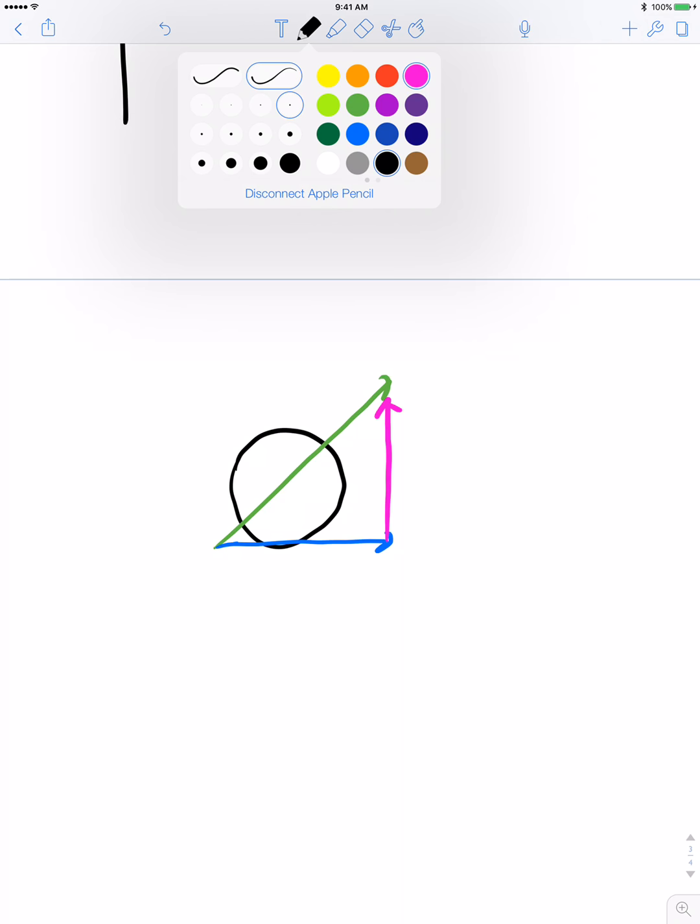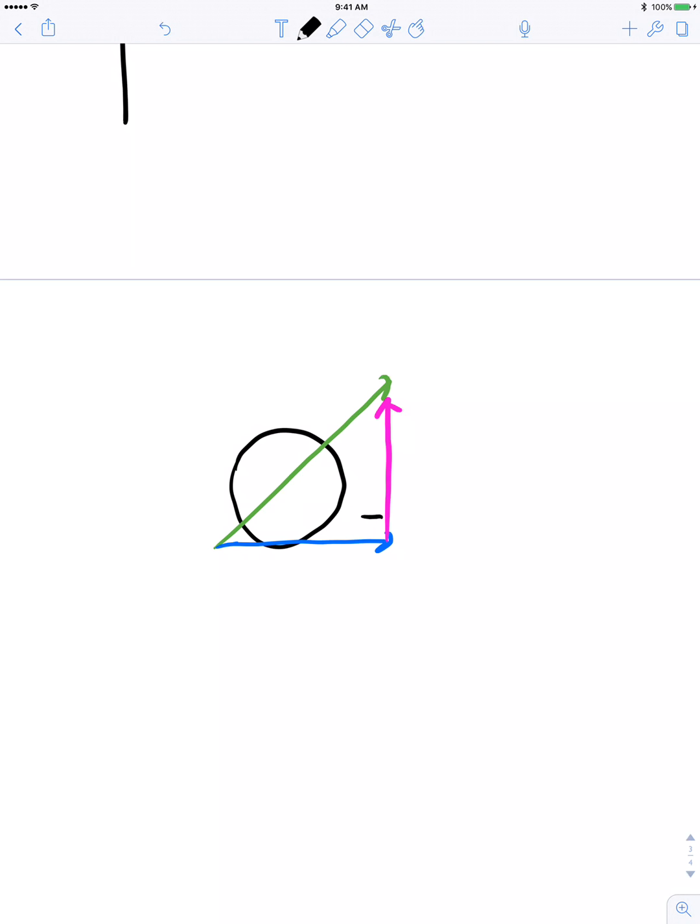And these two components together create a right triangle. So the velocity vector or the displacement vector or whatever it is that we're calculating that is not completely horizontal or completely vertical can be thought of as the hypotenuse of a right triangle.